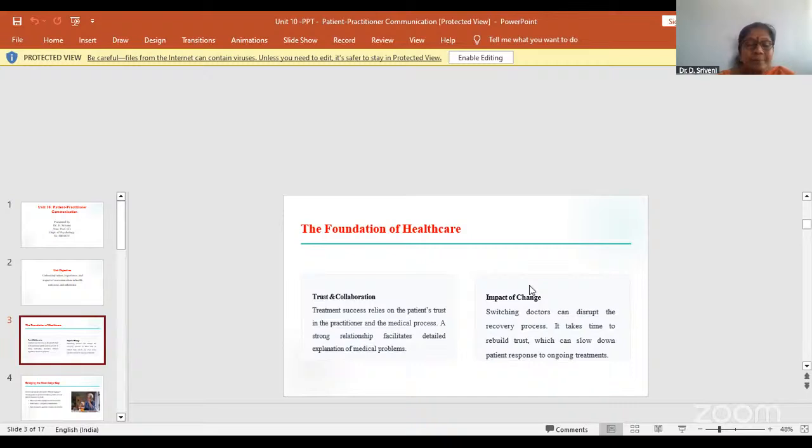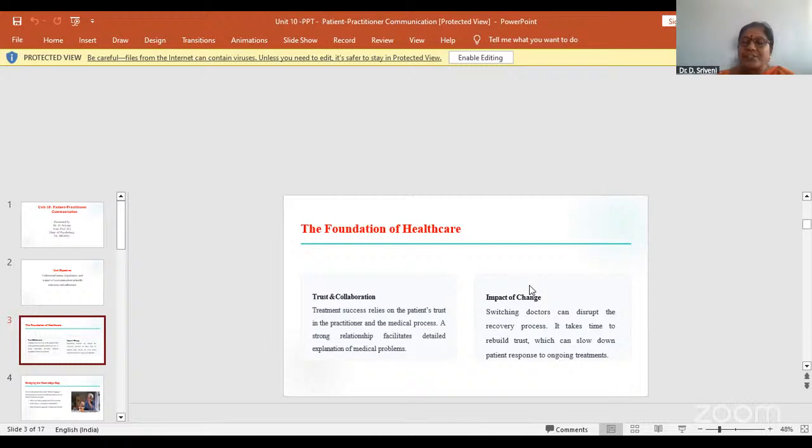For example, a simple instruction like "take this pill twice a day after meals" can lead to significant confusion for patients. A patient might wonder if breakfast counts as a meal, or if they can still have milk in their tea if the label warns against dairy.